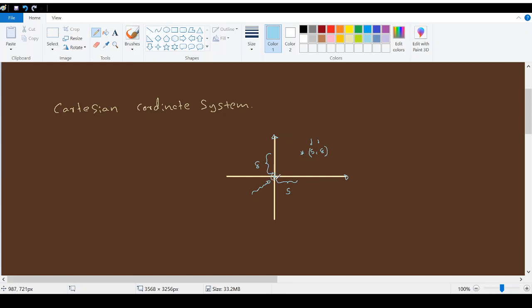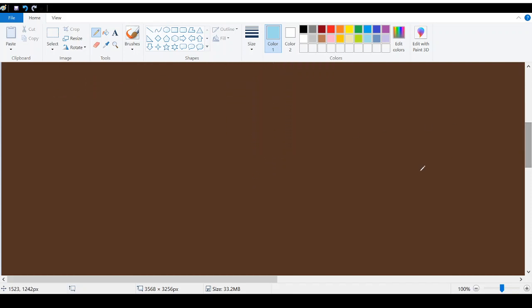What you should keep in mind is that the position of the origin will totally depend on our choice. Say for example, if we have a few objects positioned in some place like this.